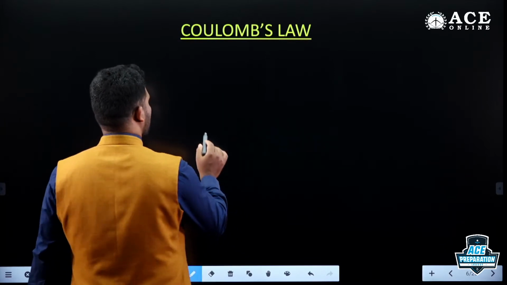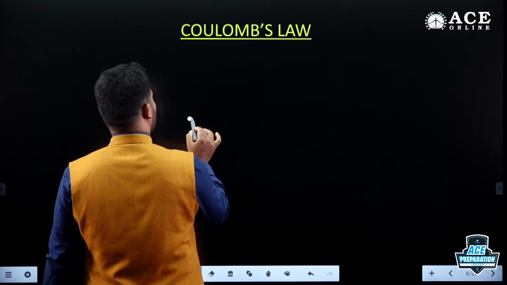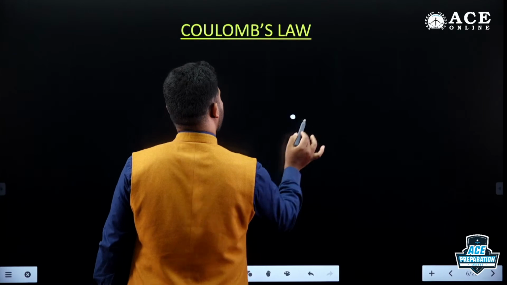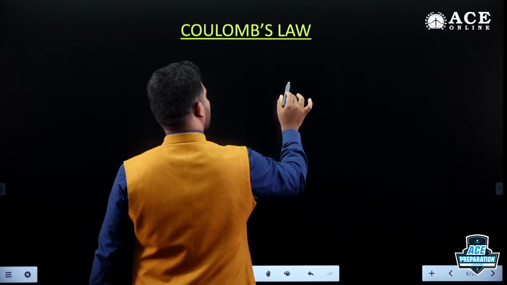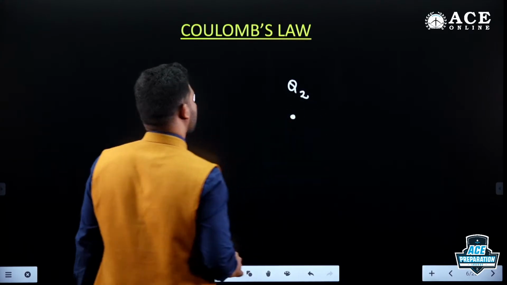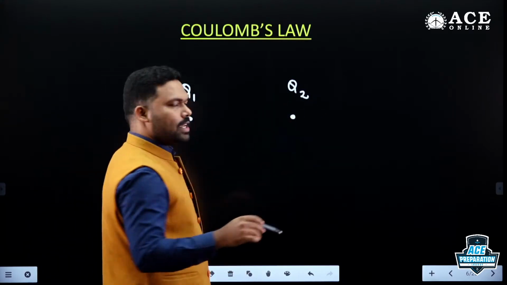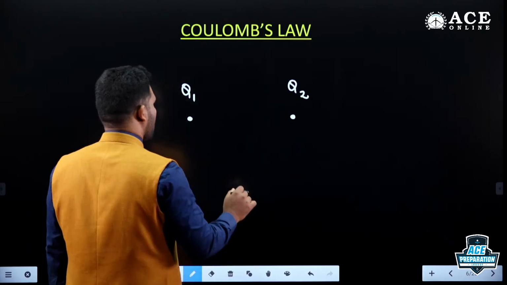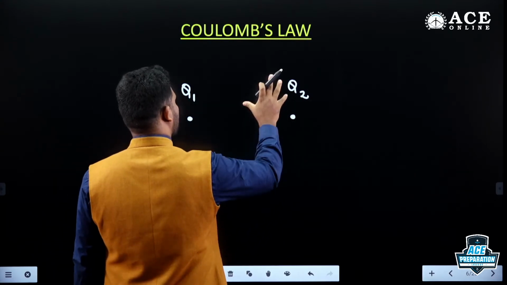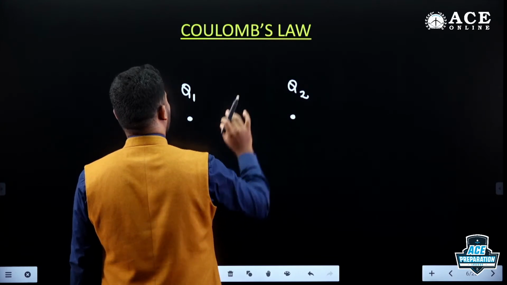Let us take two charges to understand Coulomb's law. Here is a charge Q1, and here is a charge Q2. I am assuming these two charges to be positive. I have kept these two charges in air or in a certain medium.